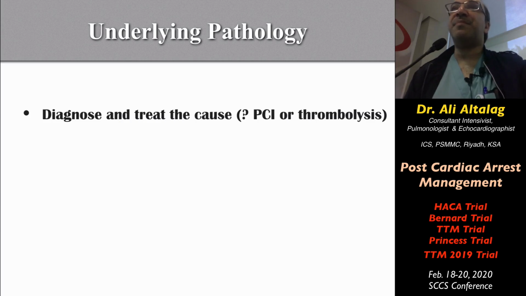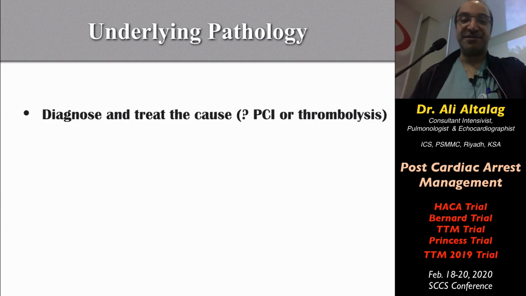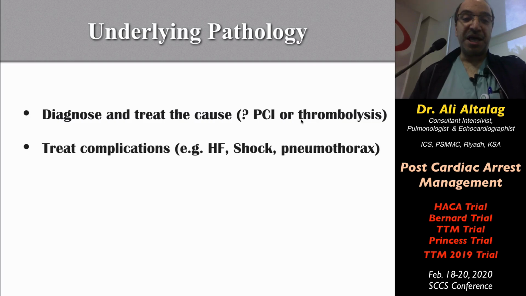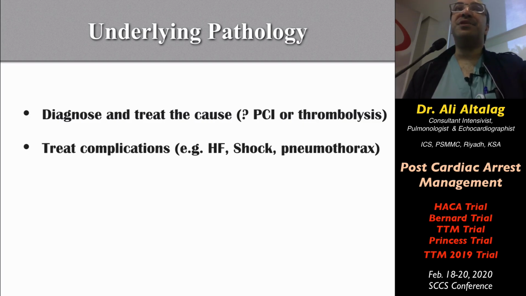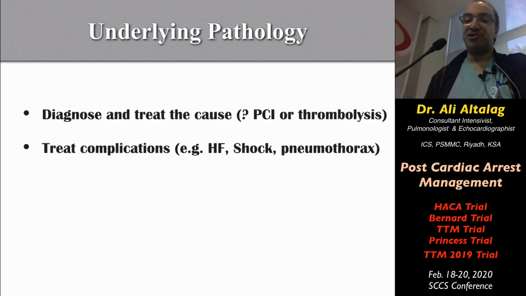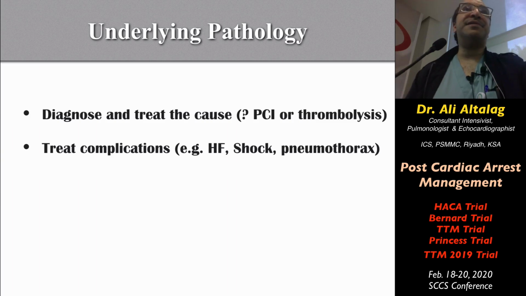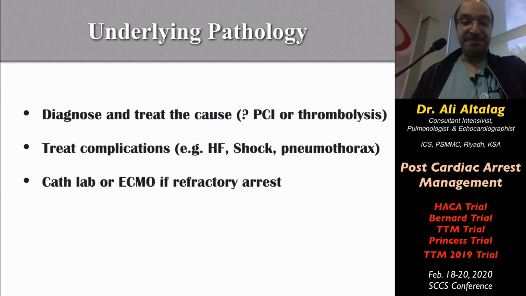The second part is treat the underlying pathology that resulted in the cardiac arrest. So diagnose and treat the cause. If the patient had MI, then PCI or thrombolysis, for example. Treat complications. Patients after cardiac arrest usually suffer many, many complications, including heart failure, shock, pneumothoraces. So treat these.